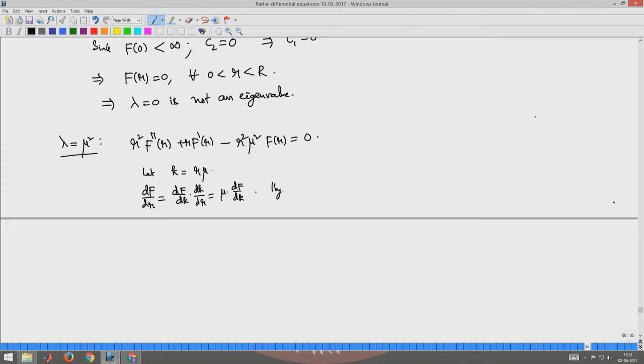Similarly, d square f by dr square equals mu square d square f by dk square.